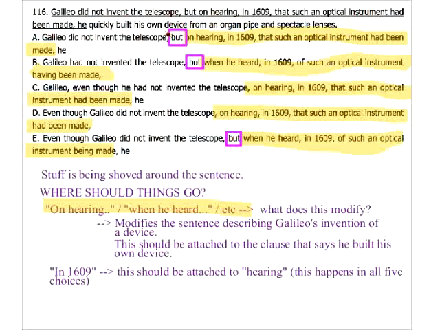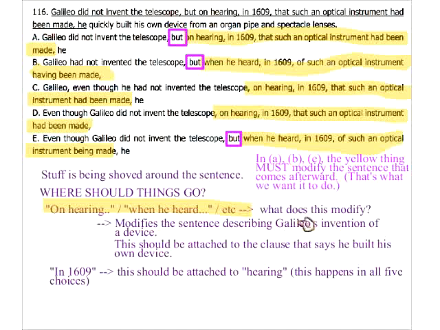So in A, B, and E, the yellow thing has to be modifying what comes after it, because the 'but' is there blocking it from modifying anything else. So in A, B, and E, the yellow thing must modify the sentence that comes afterward. And that's what we want it to do.